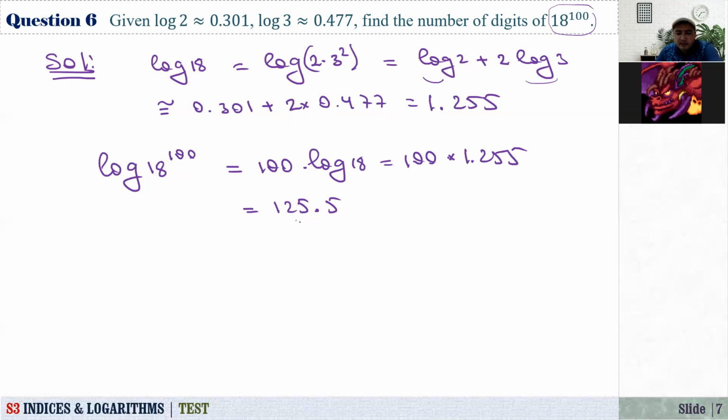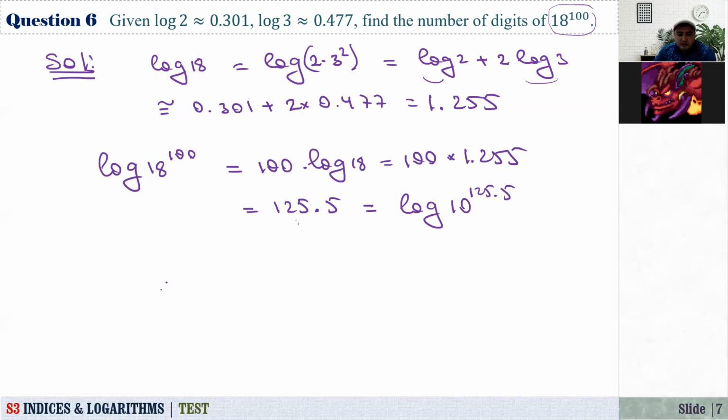So that means I can just write it as log 10 to the power of 125 less than or equal to log 10 to the power of 125.5.